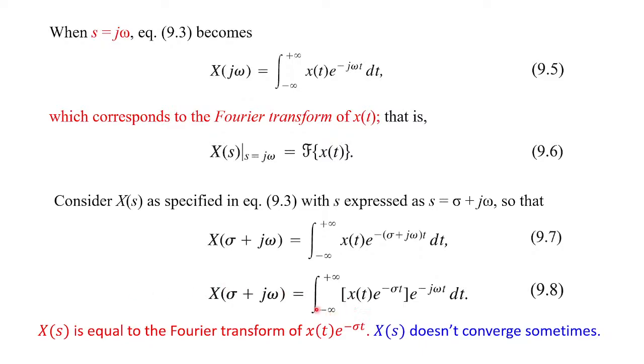And then you look at this thing, and you find out that this is a Fourier transform of x of t times e to the minus sigma t. Okay. So you can basically compute the Laplace transform by doing a Fourier transform of a different function. You just multiply your signal with a real exponential e to the minus sigma t. Then you do the Fourier transform of this, and that's your Laplace transform. Okay.